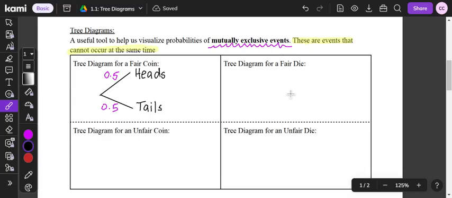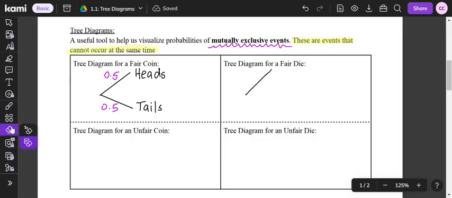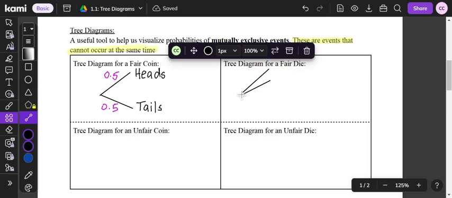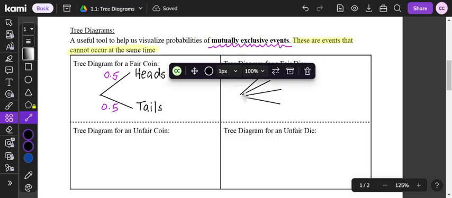Okay, very good. Now, if we look at the tree diagram for a fair die, so in the top right box over here. Now, this one is going to have a little bit more branches, right? Because a die has 6 possible outcomes. So it's going to look very similar, except I'm going to break this off into, let me use my nice straight line tool here. I'm going to break this off into 6 different branches, just like that.